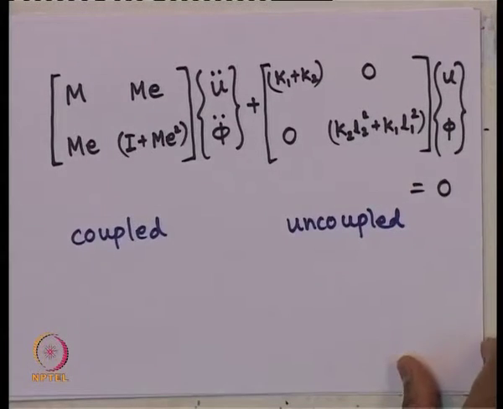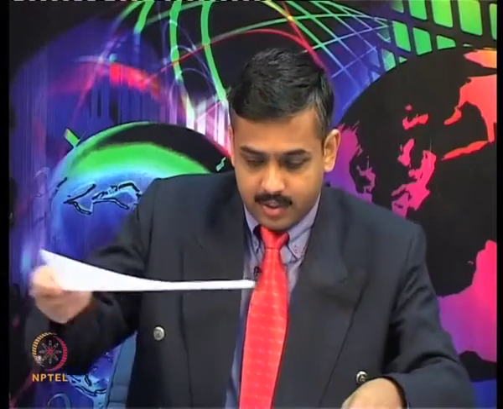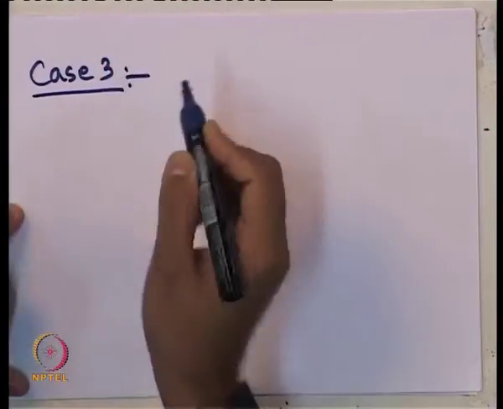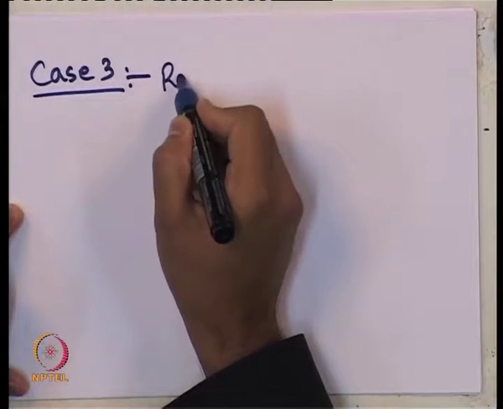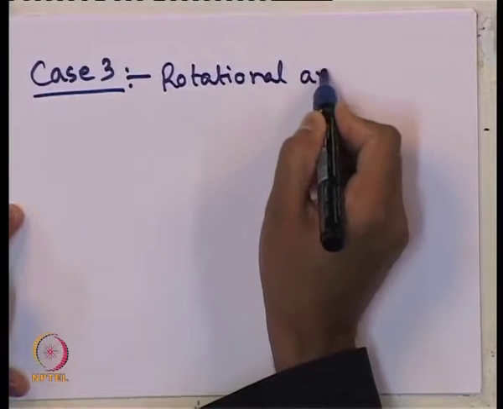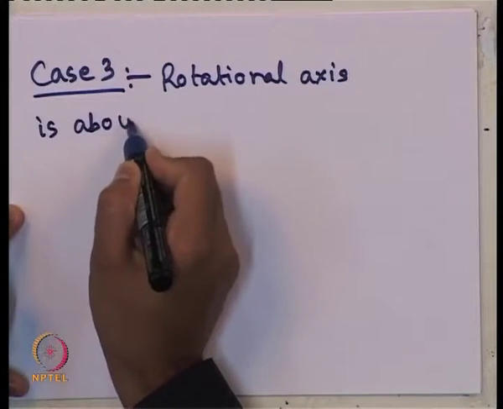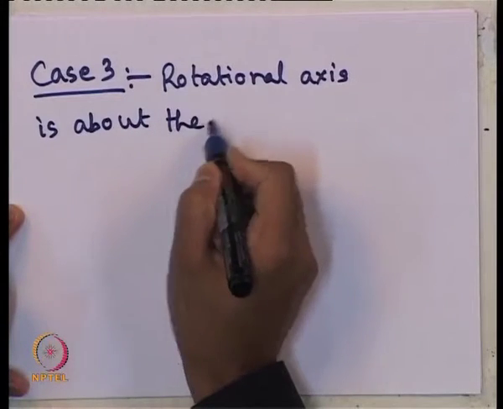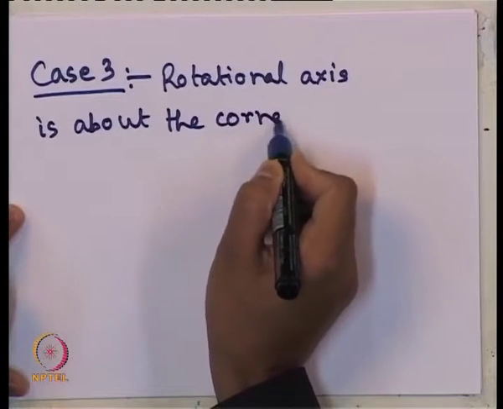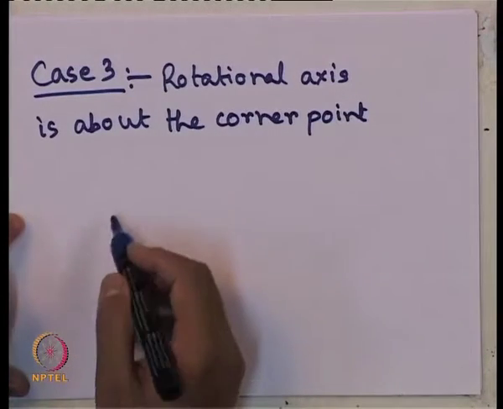So, this is the second case, and let us select another coordinate system. Case 3: we are considering the third coordinate system, where the rotational axis is about the corner point, that is the end point of the beam.